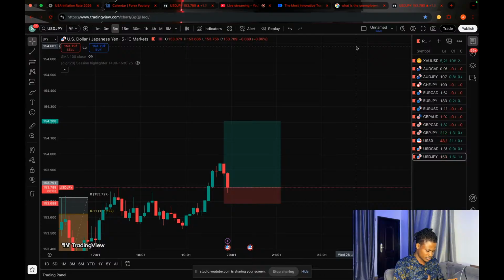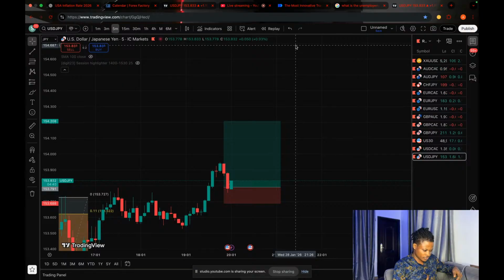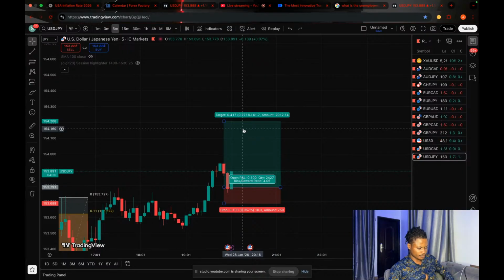Enter your trade now if you want to enter. Please close all your positions if you entered any trade, please. Let's hold on a second and observe something. Okay, it's already going up.